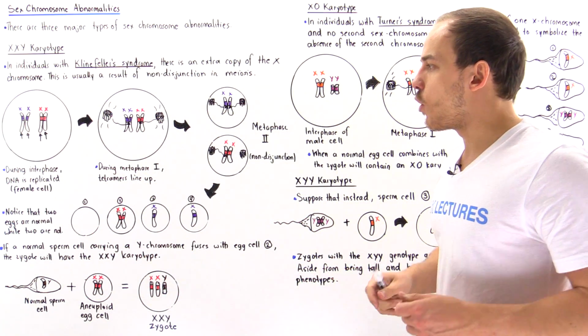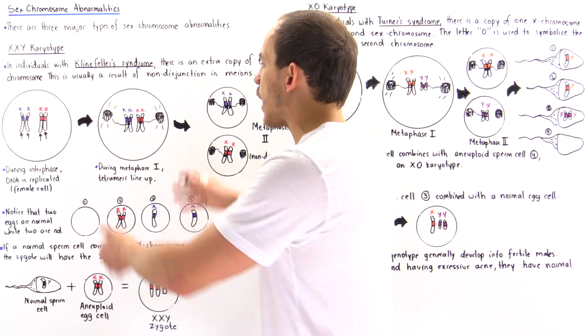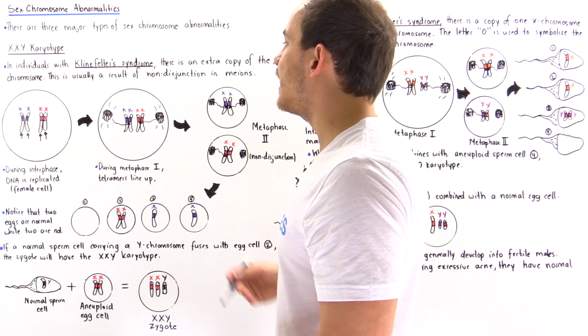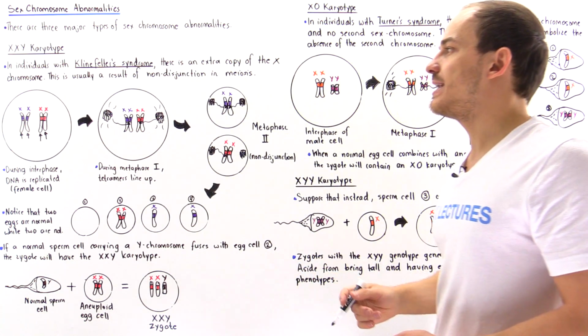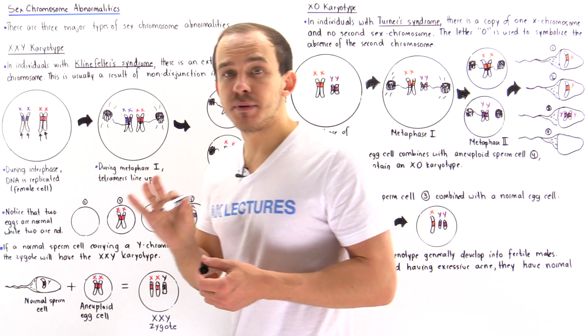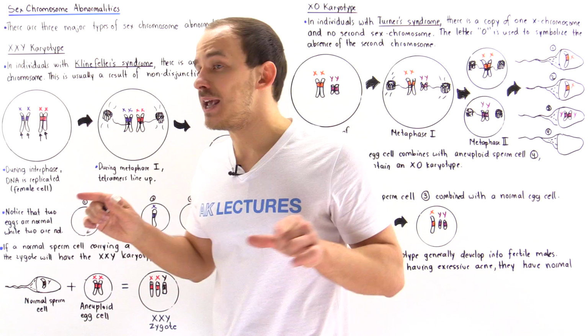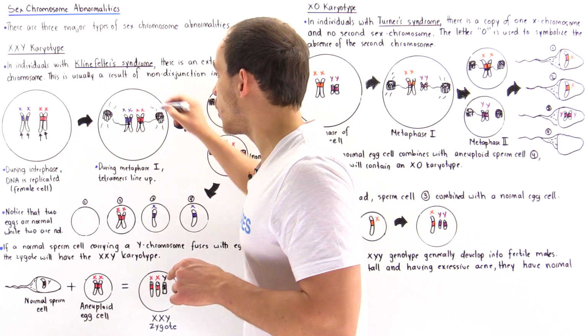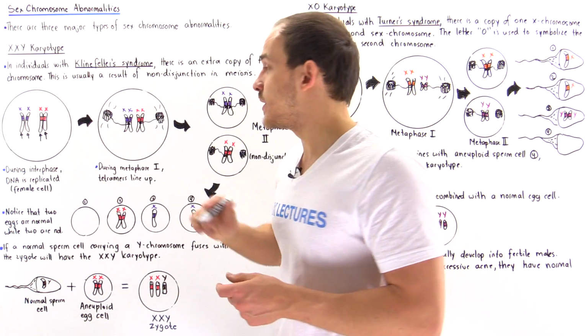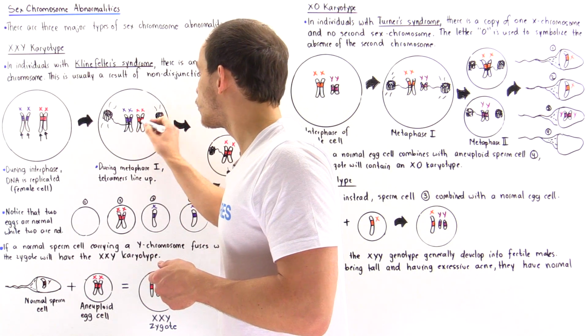So let's fast forward to metaphase 1 of meiosis. This is when our tetramers line up at the equatorial plate of the cell. And also, the mitotic spindle apparatus forms, and these spindle fibers extend from these centrioles, and they are supposed to attach, at least in a normal case, to these sister chromatid pairs.